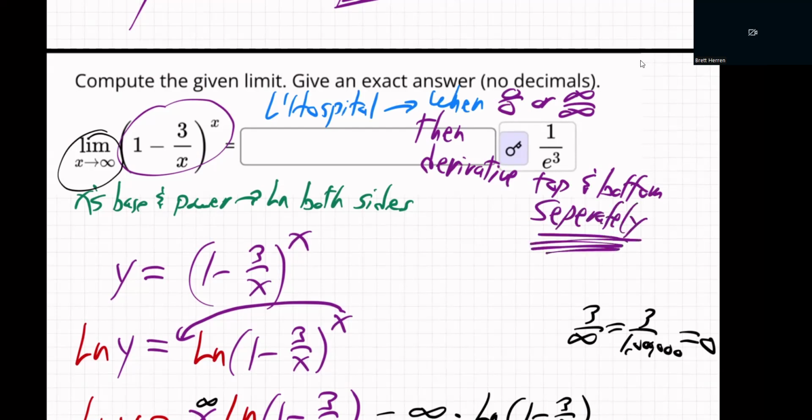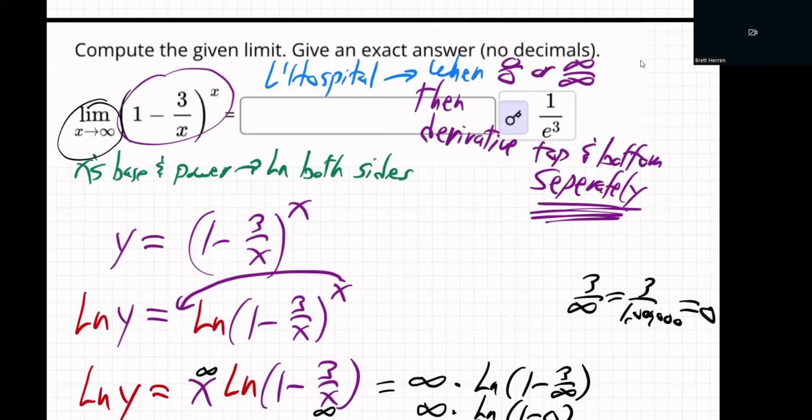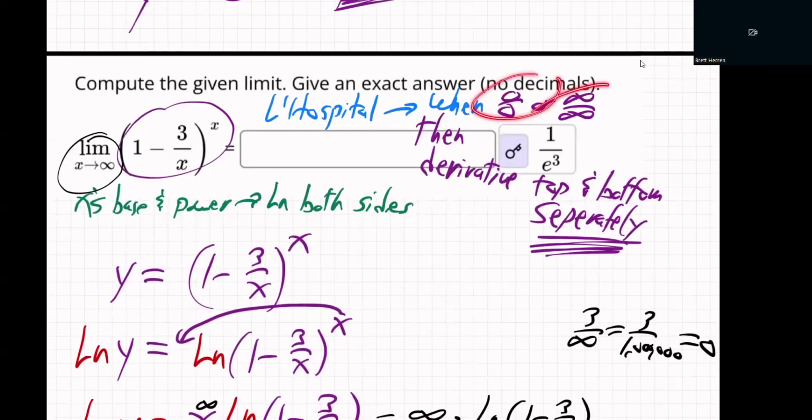Separately. That's the key word, because it's not the quotient rule, separate. So when can you do that? Only when you have 0 over 0, infinity over infinity.